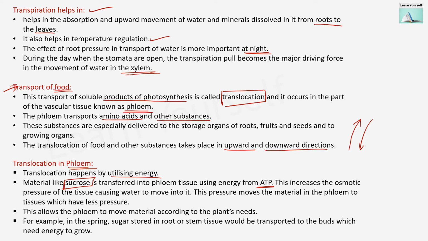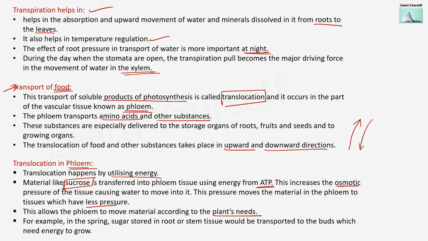We have learned about osmotic pressure, which functions based on the difference of pressure. So this will move from more pressure to less pressure. So the material will go to the tissue which has less pressure. This allows the phloem to move material according to the plant's need.